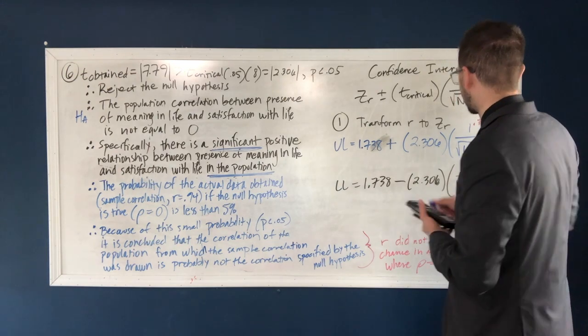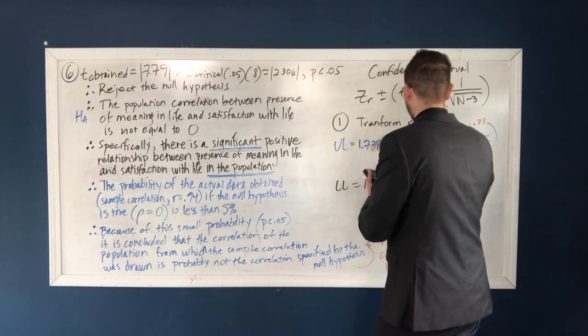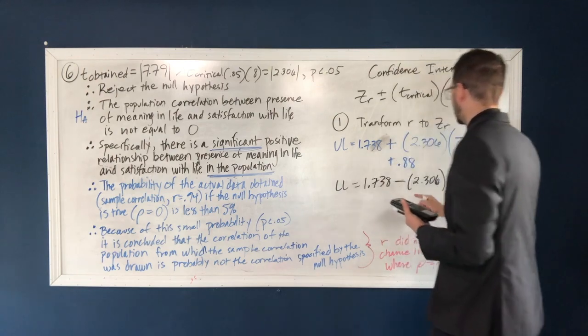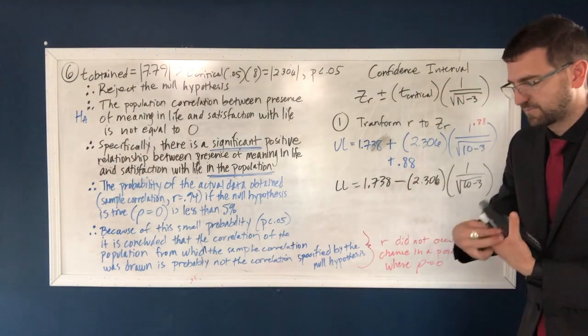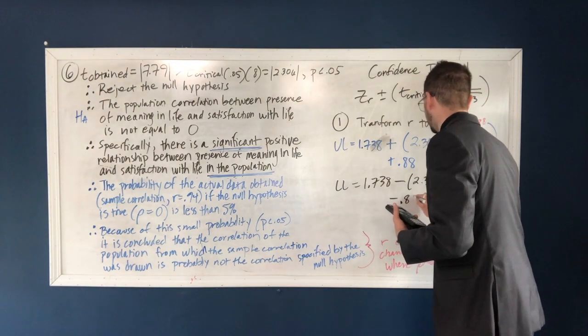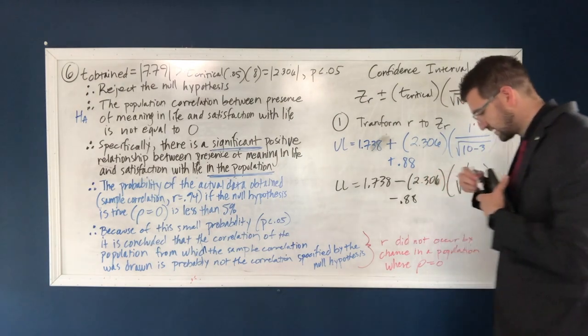Okay? And over here we're going to have plus 0.88. And that's for the upper limit, right? Plus, and for the lower limit, we're going to subtract 0.88, because the right side of the equation is exactly the same.